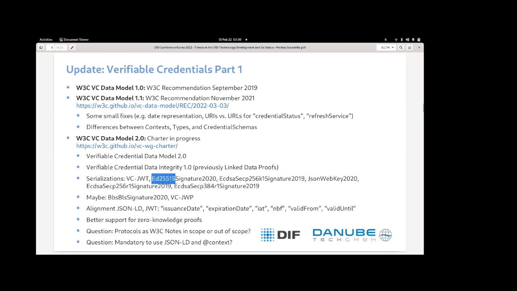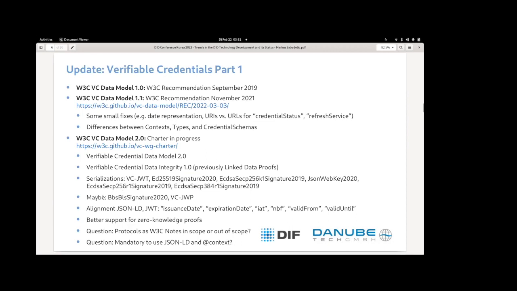A lot of implementations are already using these types of keys and these types of signatures already, but strictly speaking, they are not standard. So that will be part of this new working group, to standardize some of the important missing pieces.